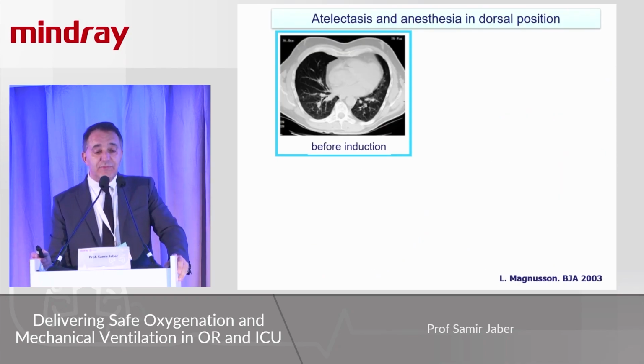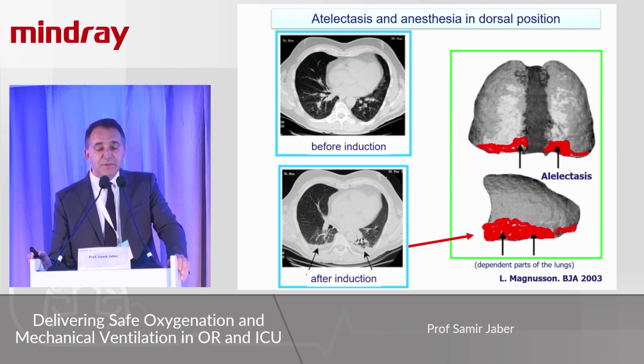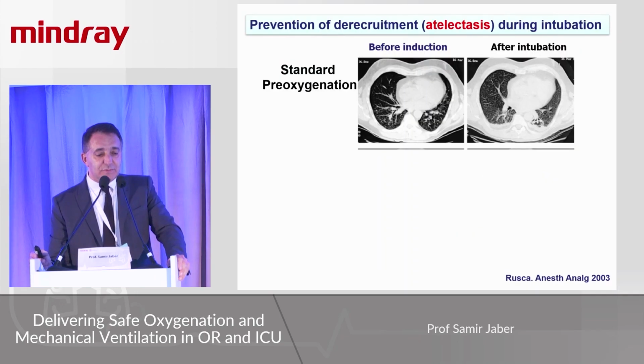Moreover, in this situation, as you know, when you make an induction of anesthesia, this is a CT scan before anesthesia, and just after, you can observe that atelectasis will occur rapidly after just 1 or 2 minutes in the dependent part of the lung. And this is more exaggerated in obese patients.